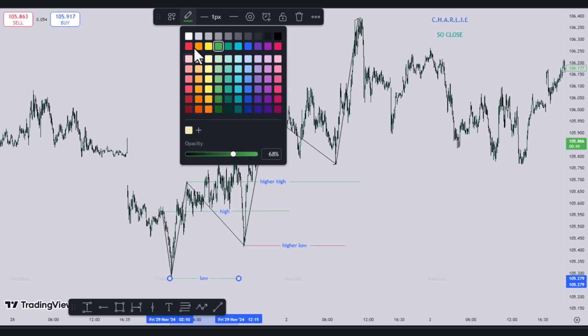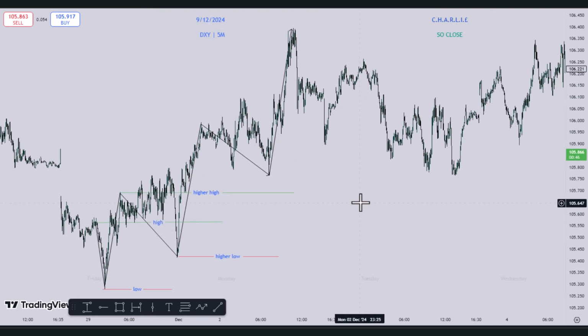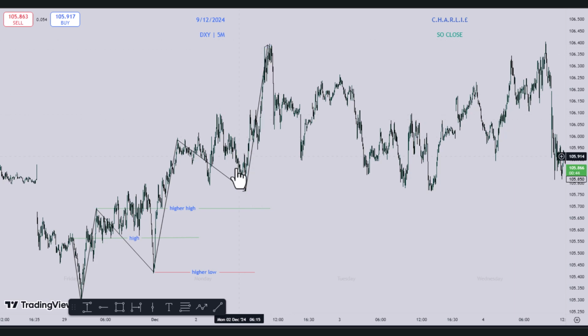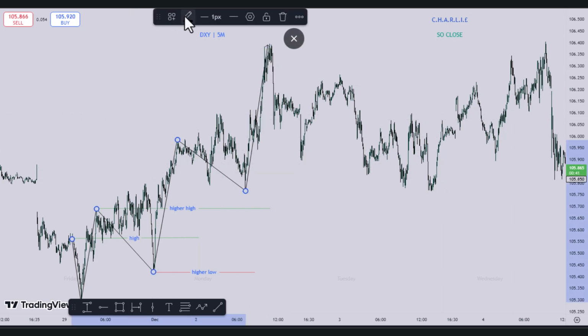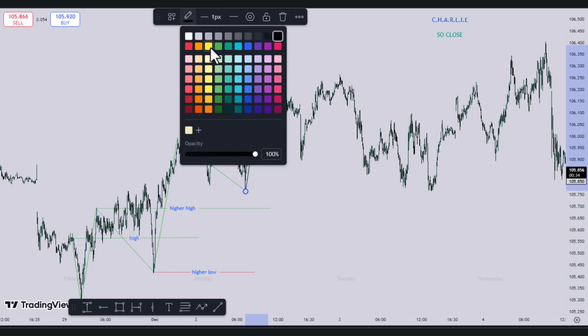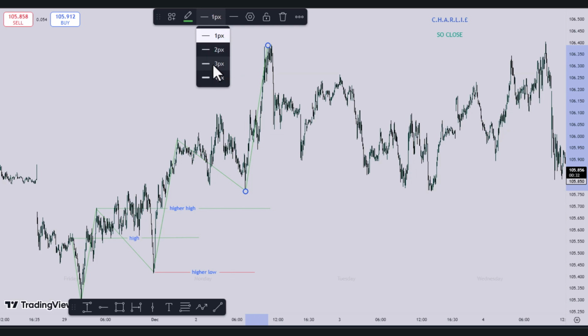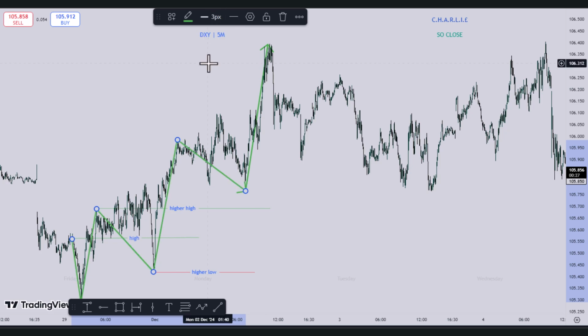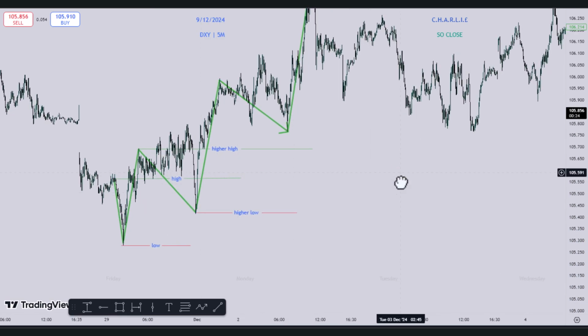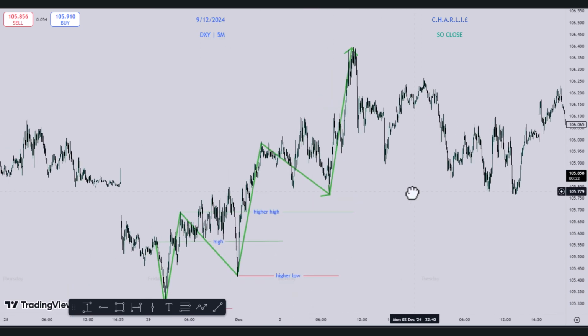You'll see why in the near future, and the highs I want them green, just for easy identification of what I'm looking at. Let me use this trend line also, give it a green color for easy identification. Maybe increase the thickness a little bit so we can have what we are looking for. Let's see this. That's our uptrend.